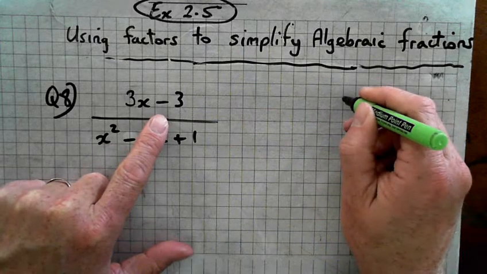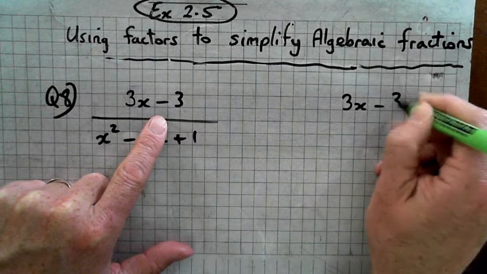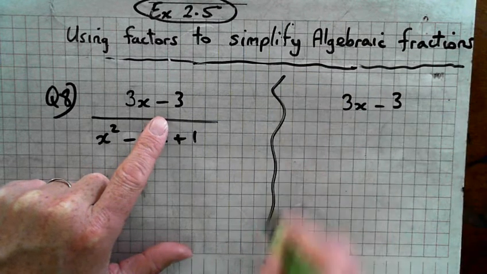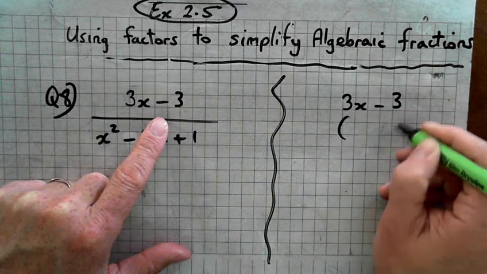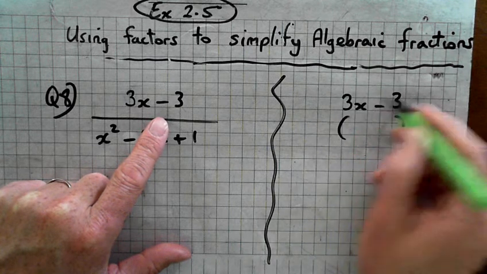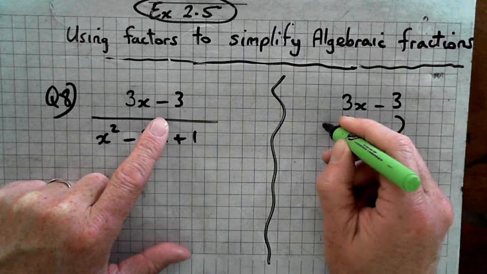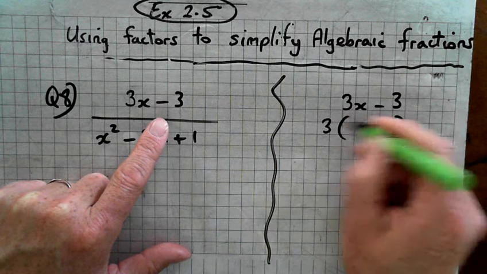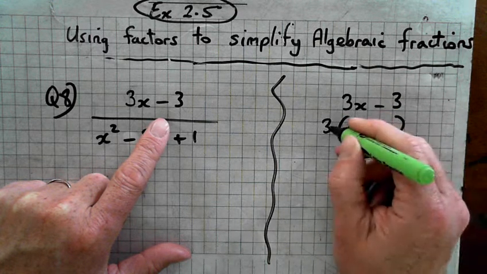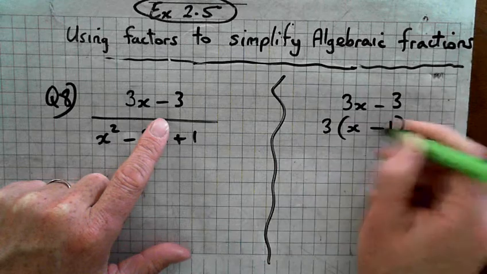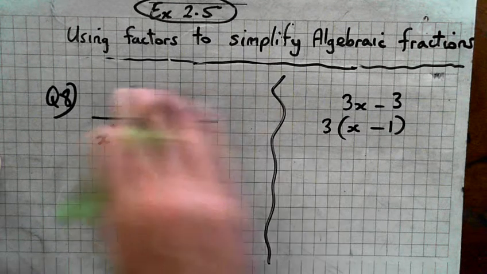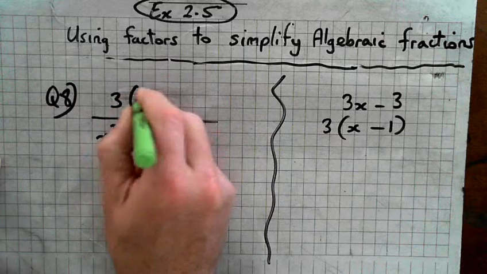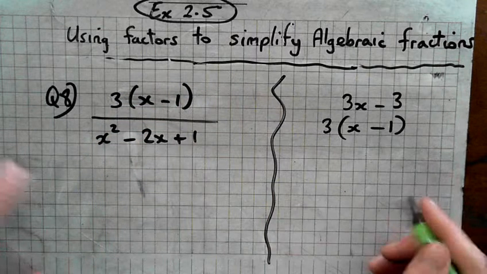So we'll do rough work over here. What can we take out of these two? What can I divide into both of those numbers? 3, isn't it? What's left? 3 times x is 3x. 3 times minus 1 is minus 3. Alright, so that's the top bit done. We do the bottom bit now.